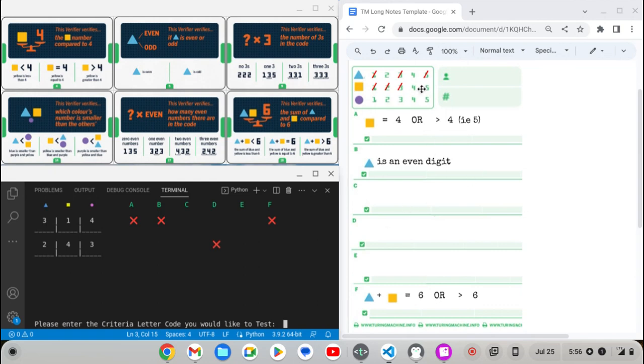Again, well, let me double check. If square were 4, there'd be nothing to pick for triangle. Yeah, so it's not square, it's not triangle. So I'm going to deduce that it's circle.